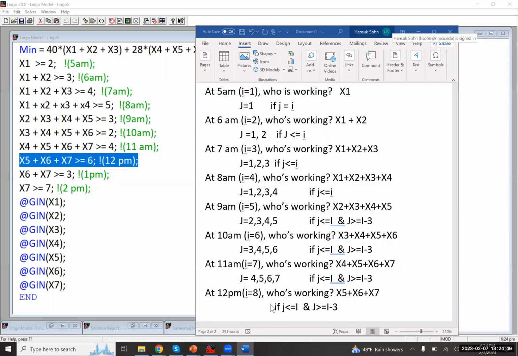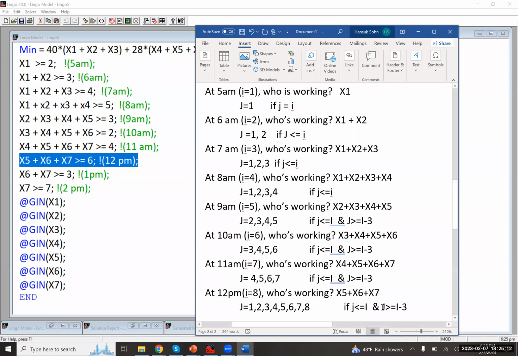okay, so with these two conditions, what values can j take? First, j is less than or equal to I, which is 8. So it's going to be 1, 2, 3, 4, 5, 6, 7, 8, right?